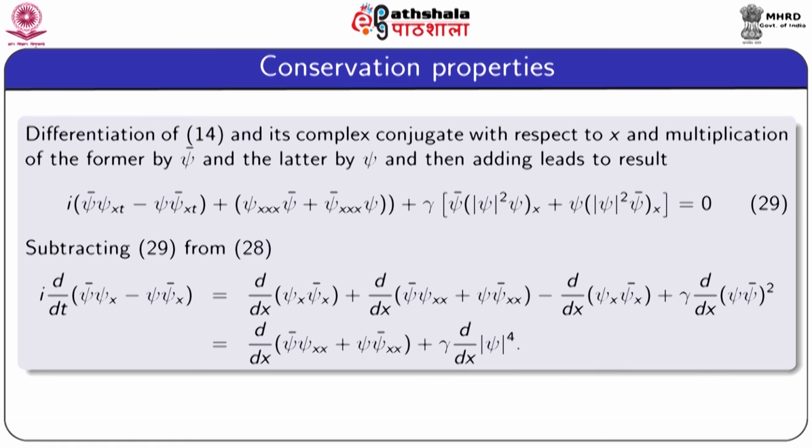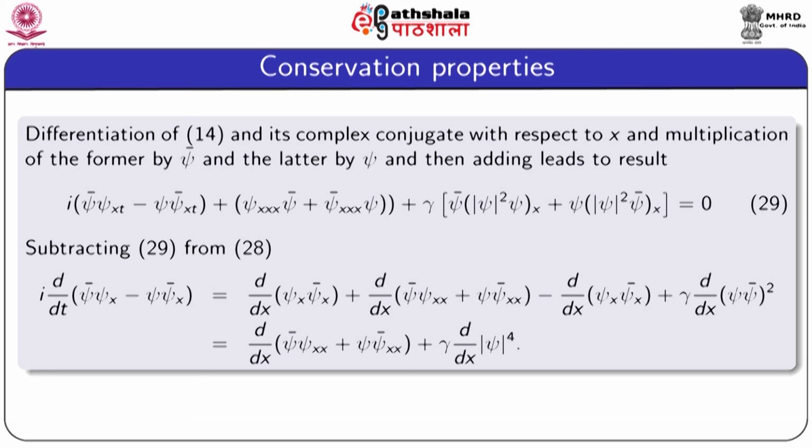Now, we differentiate the standard nonlinear Schrodinger's equation, that means equation number 14, and the equation for its complex conjugate with respect to x. Then we multiply the former equation by psi bar and the equation for complex conjugate by psi, and then we add these two equations, and this leads to the equation which is written in 29.